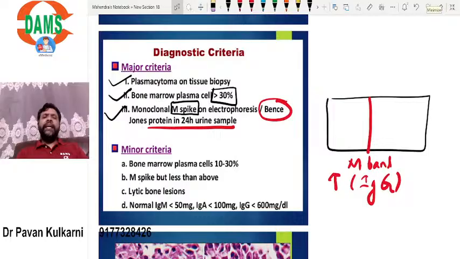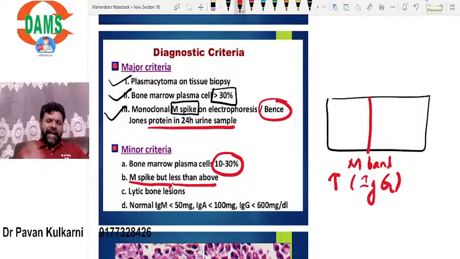The minor criteria for multiple myeloma: the bone marrow plasma cells are 10 to 30%. That is a minor criteria. M spike is seen but less than above. That means if you see the M spike, it will be less, not so much. You will see lytic bone lesions.